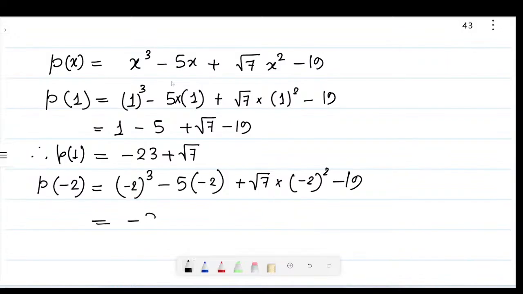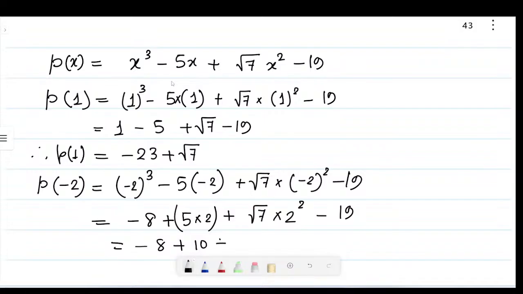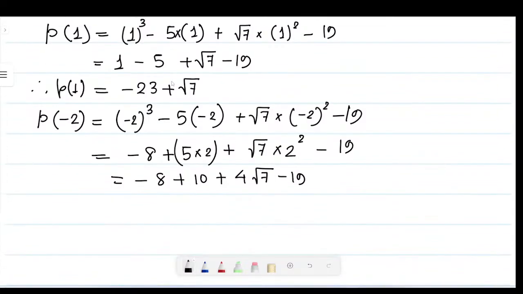That is minus 8 plus 5 into 2, and minus 2 square will be positive. So root over 7 into 2 square minus 19. Here it is.